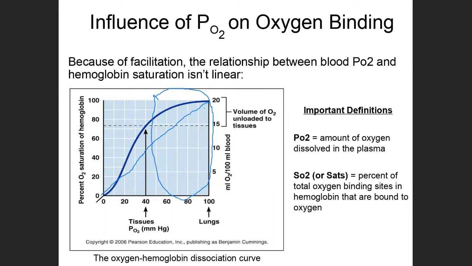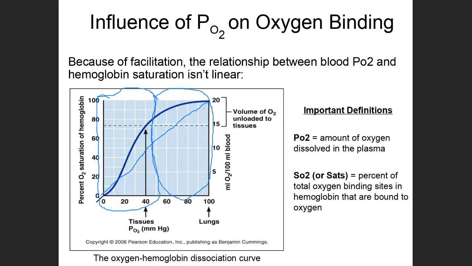If you look at this other side of the graph, this portion here, this is what's happening in the blood when oxygen levels are quite low in the plasma. When there's not a lot of oxygen flowing around in the blood plasma, that means there's not a lot of oxygen to give up to the tissues of the body that need it.